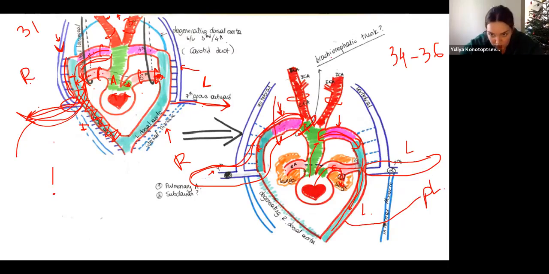So this ductus arteriosus here on the left side is a crucial vessel in embryo. If in embryo, for some reason, ductus arteriosus closes up too early, the embryo will die from suffocation.